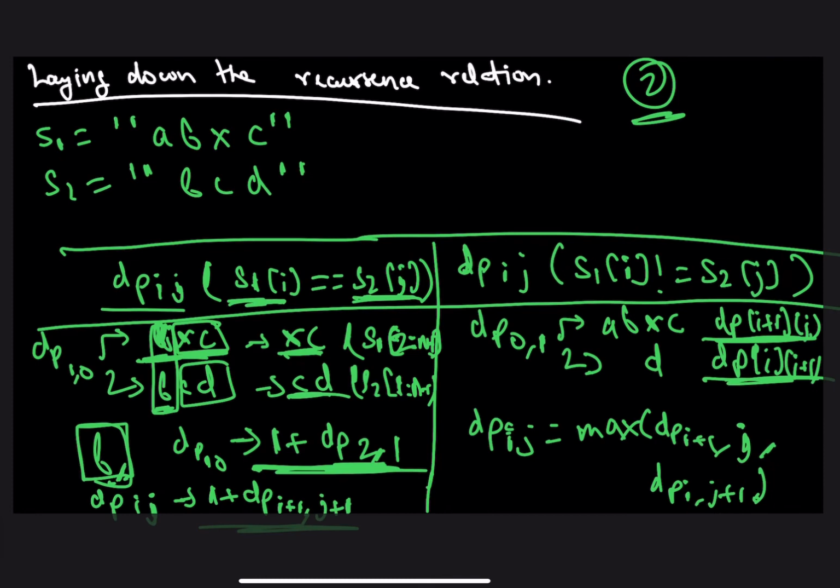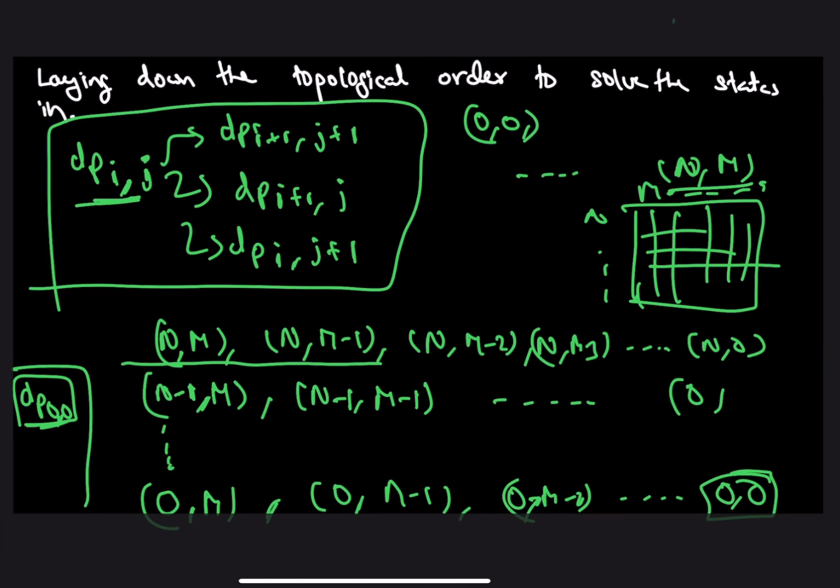All right. So let's just get back to the topological order. This is the correct topological order to solve the states in. And why? Because if you have a look at the recurrence relation, before solving the ith row, it's always ideal to solve the I plus first row, because the ith row depends on the I plus first row.